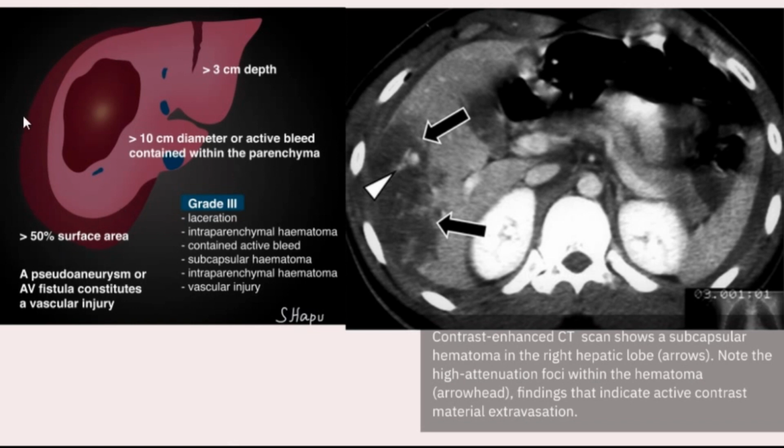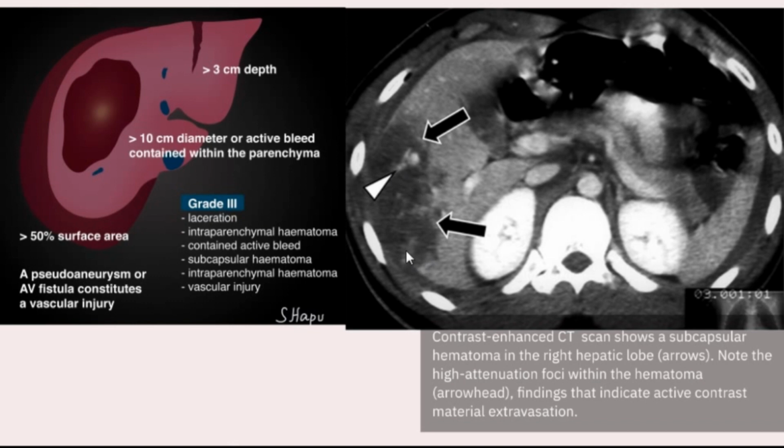Okay, so here it is liver surface, the subcapsular hematoma, it's involved more than 50% of the surface of the liver, intraparenchymal hematoma, or it could be a vascular injury, as the doctor said, either as an AV fistula or in the form of the pseudoaneurysm, or when we have the parenchymal depth of the laceration more than 3 cm deep. These are all regarded as grade 3 according to the AAST guidelines.